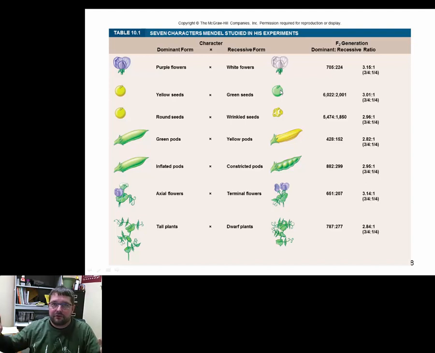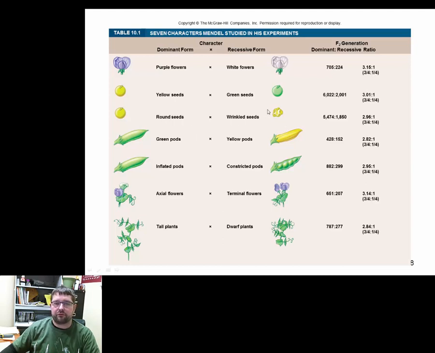That's the recessive form. See, like I said, it's not a matter of what's common, what's not. But if you take pollen from a green seed plant and mix it with pollen from a yellow seed plant, you're going to produce more yellow seeds than green seeds. And that's what he did, again at a 3 to 1 ratio.